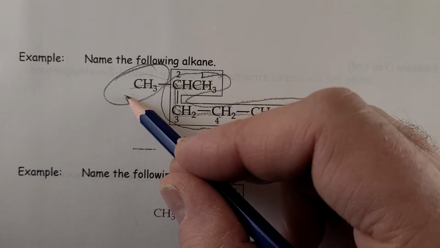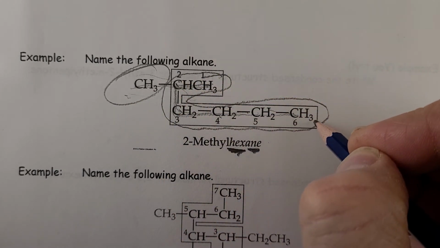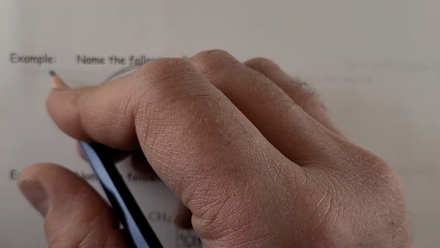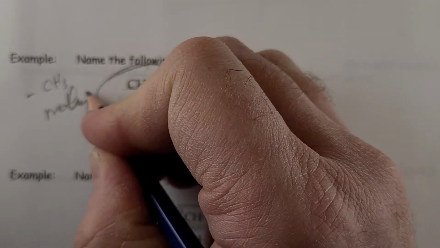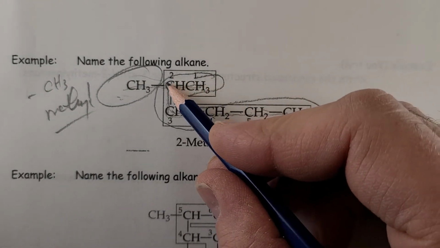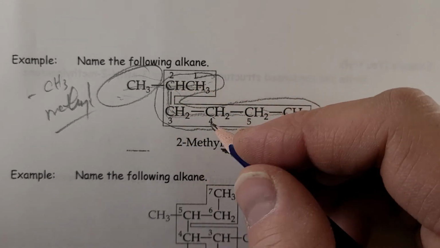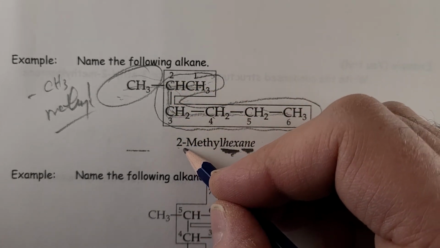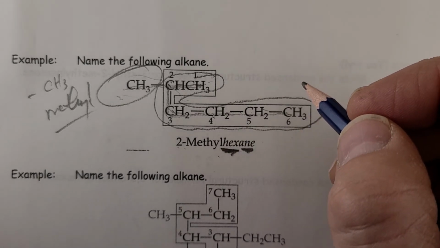And the group here, the substituent, is not part of that long chain. It's CH3, which is the methyl group that we talked about. So it's attached to carbon number 2 of the hexane chain. So I would say 2-methylhexane. That's how we would label that.